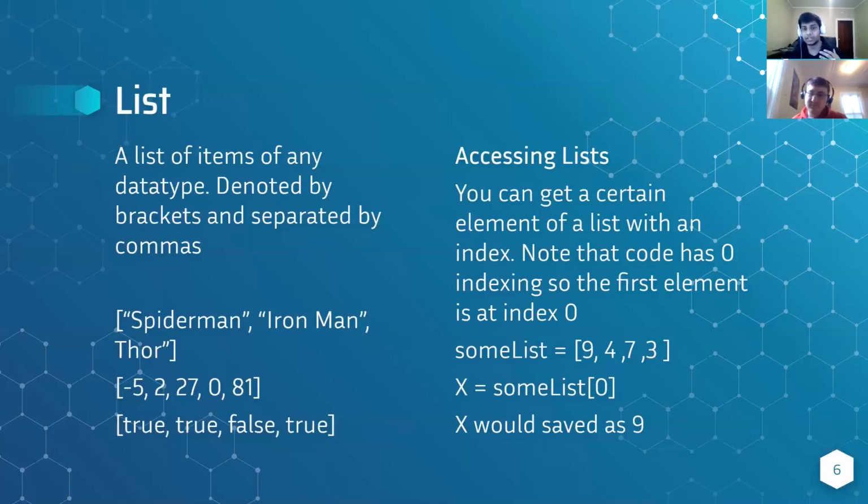If it's index 1, then that's the second value. So here we did x is equal to SumList index 0, and that would mean x would be saved as 9. If instead we did x is equal to SumList of 1, that would make x the number 4, and so on and so forth.